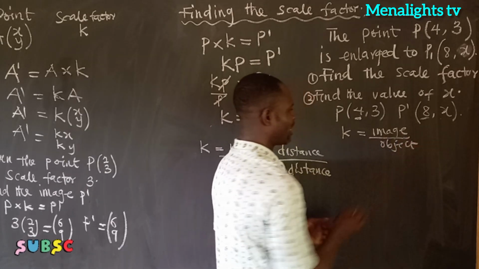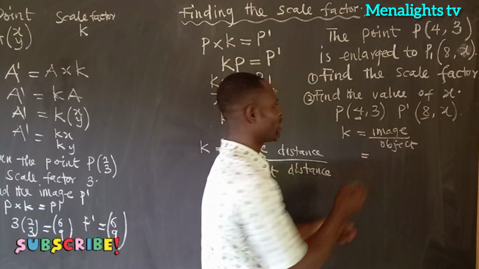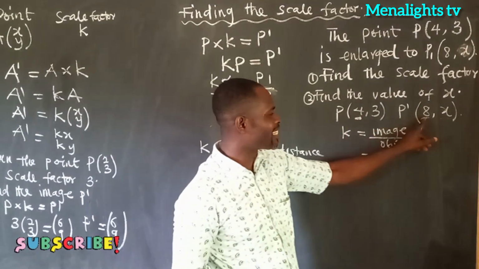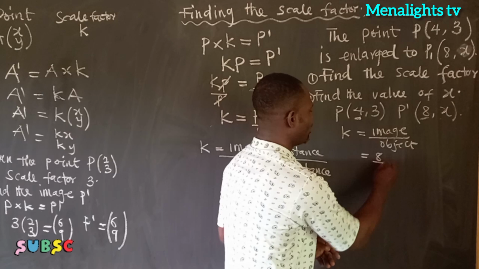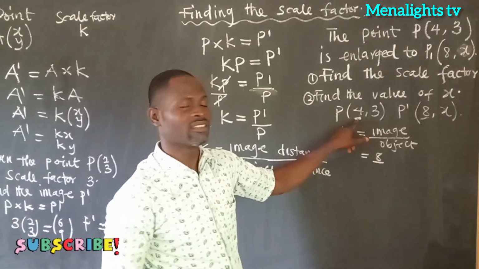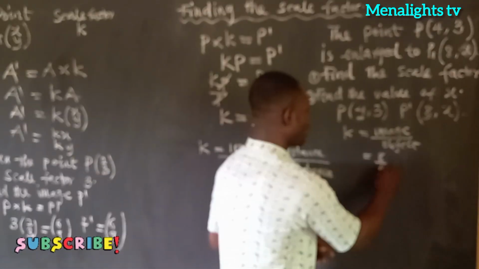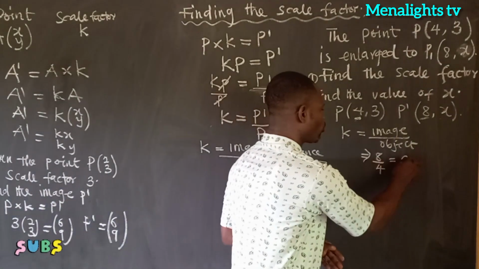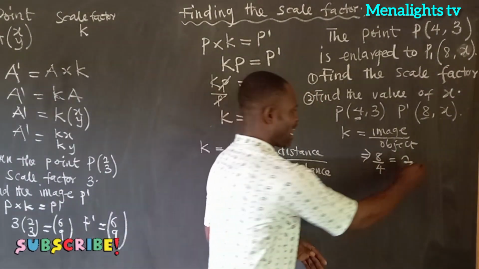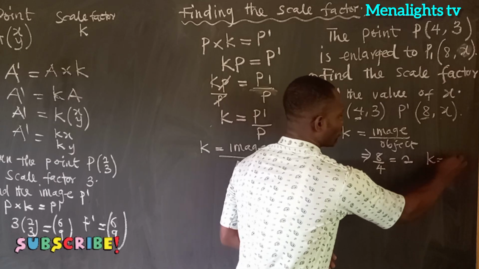When you look at this from the x-axis, the image distance is 8 and the object distance is 4. So that becomes 8 divided by 4, and that will give us 2. So it means that our K, the scale factor, is equal to 2.